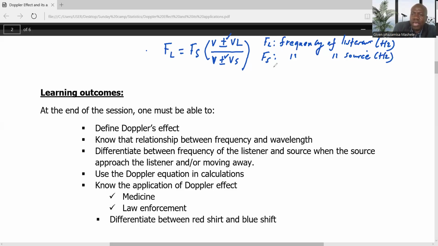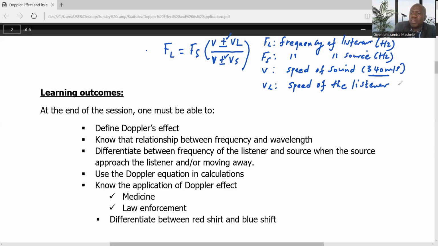The V here is the speed of sound, usually 340 meters per second. But if they don't tell you this, it means they will give you the speed of sound. Then we have VL, which is the speed of the listener, if we are not considering the direction. But if you are considering the direction, it will be the velocity.